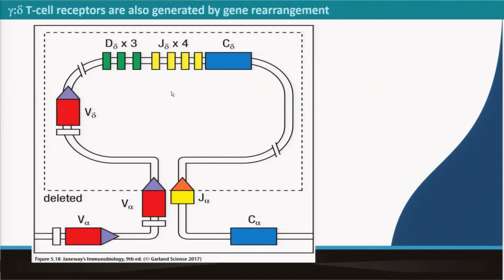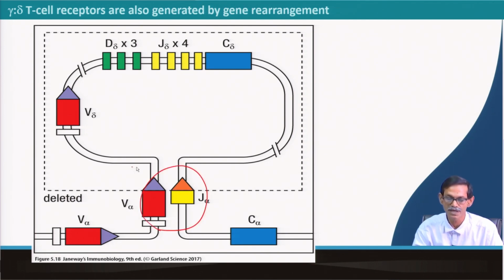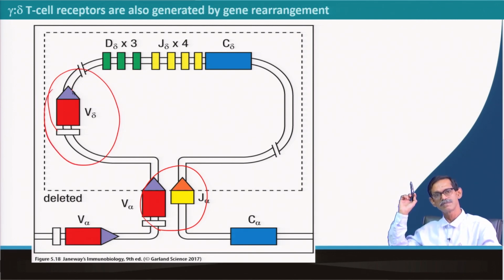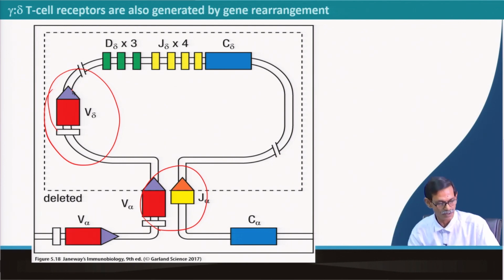If not, see, this is the V alpha region and this is the J region. If V alpha and J alpha recombine here, the whole V delta segment goes out of the chromosome by forming a loop. So there is no question. This is just to tell you that V delta is interspersed between the V alpha and J alpha regions.